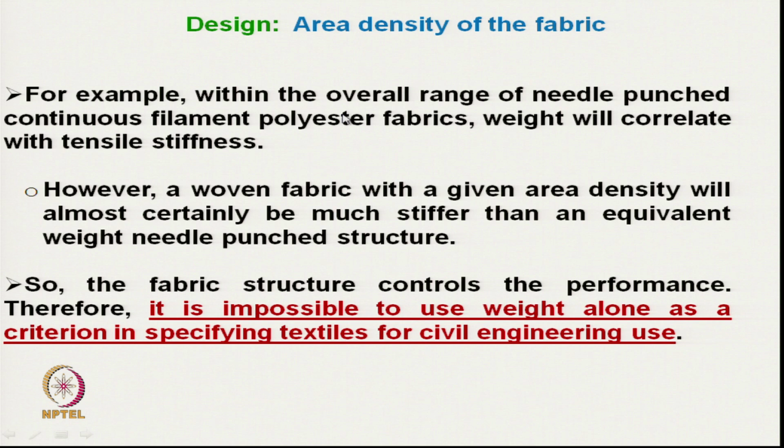For example, within overall range of needle punched continuous filament polyester fabrics, weight will correlate with tensile stiffness, but woven fabric is always stiffer than the needle punch fabric for same mass per unit area.